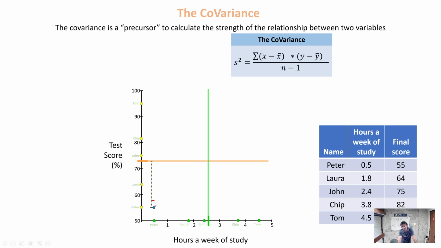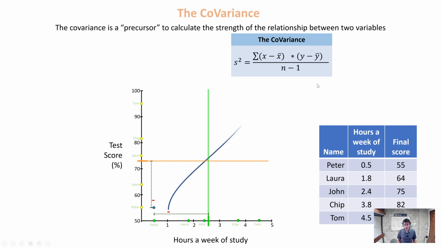If I do the same thing for the x-axis, looking at the difference between the time that Peter studied and the mean, that score from Peter is going to be negative. All I'm doing here is calculating the difference in x for Peter and the difference in y for Peter as well. If you look at the index of the covariance, that's exactly what it's asking you.